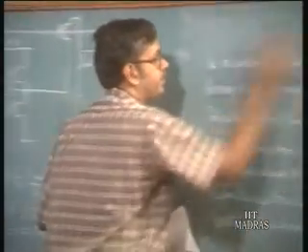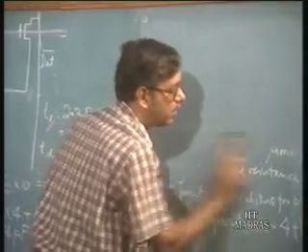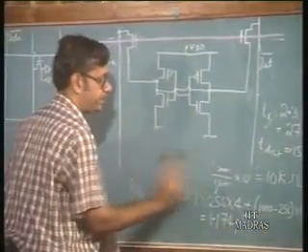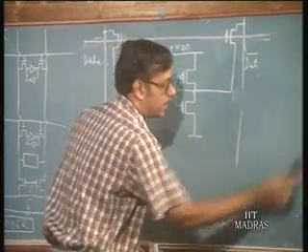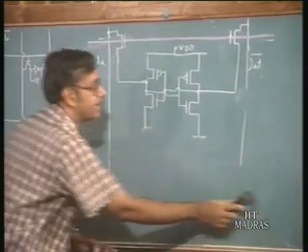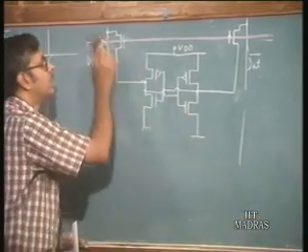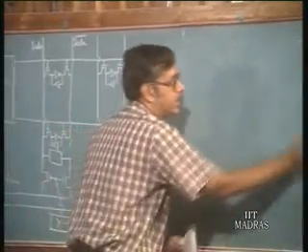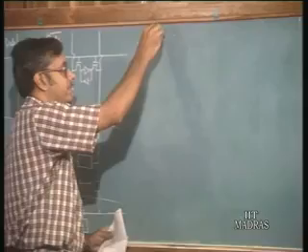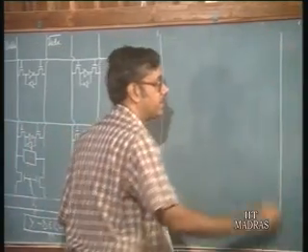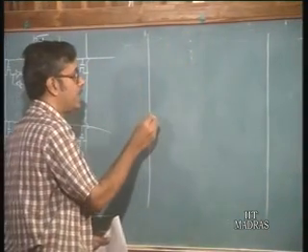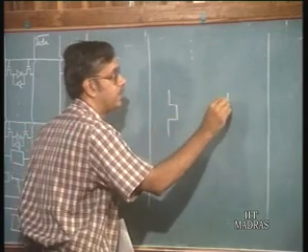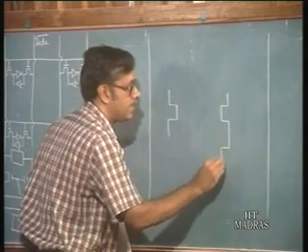The sense amplifier is also nothing but two inverters connected back to back. I shall just draw it in a magnified form. Suppose this is the data lines on which the cells are here. The sense amplifier consists of again two CMOS inverters.